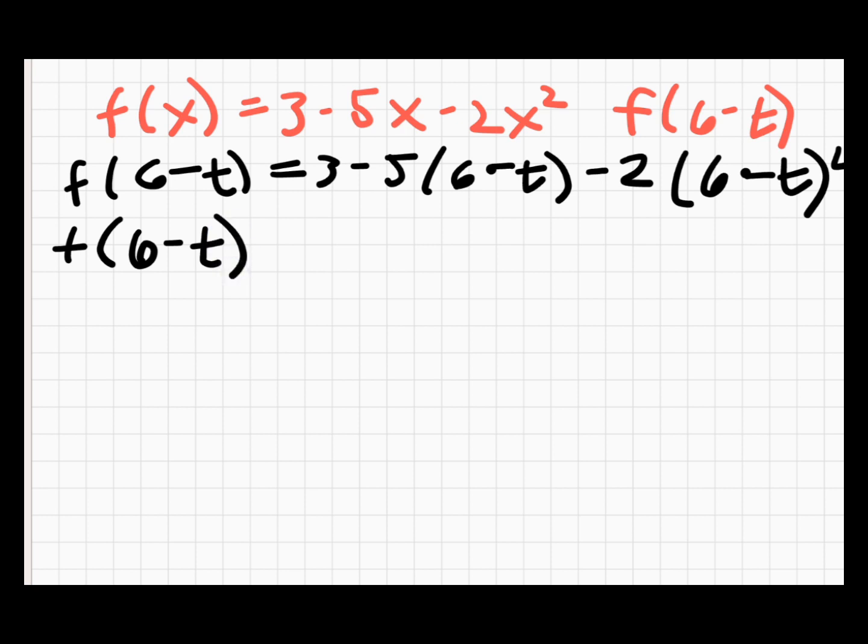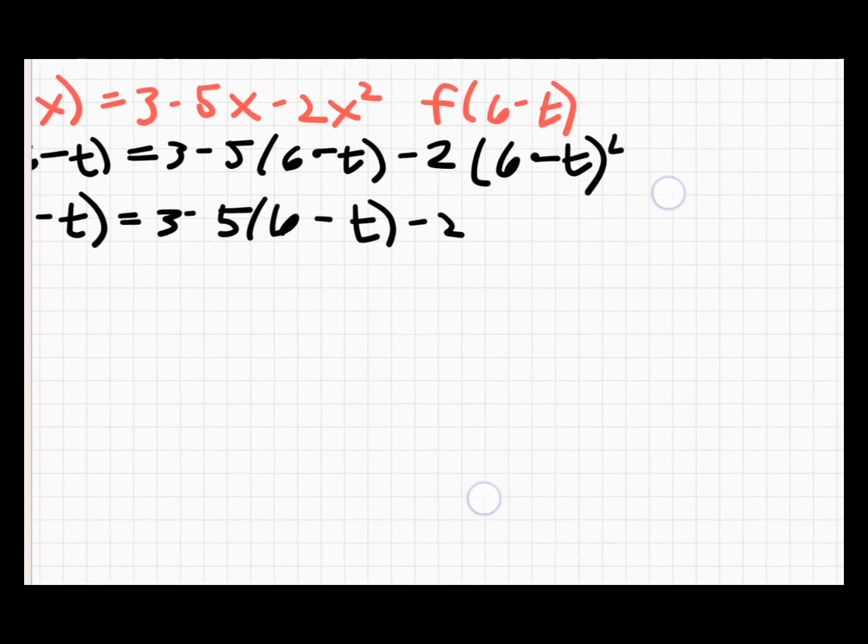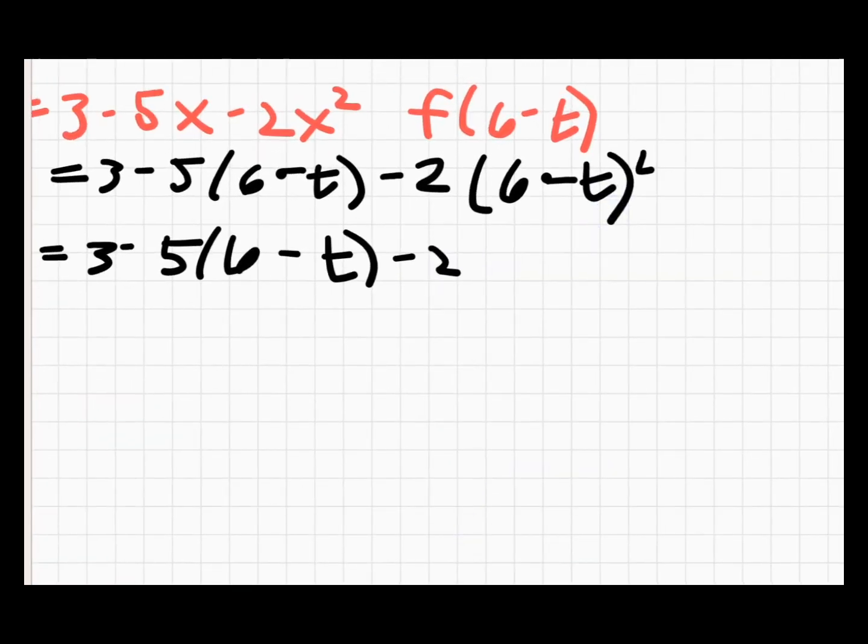Then we have f of 6 minus t is equal to 3 minus 5 times 6 minus t minus 2 times 6 minus t squared. And then we'll use the FOIL method. 6 times 6 is 36. Then negative 6t minus 6t is negative 12t. Then negative t times negative t, we have positive t squared.